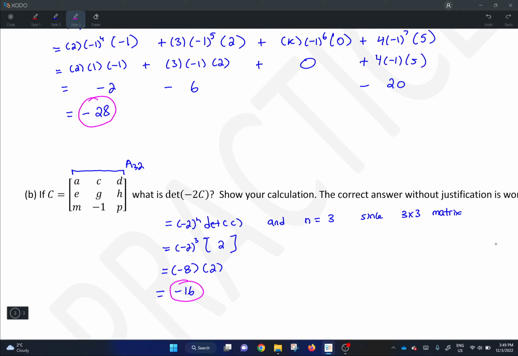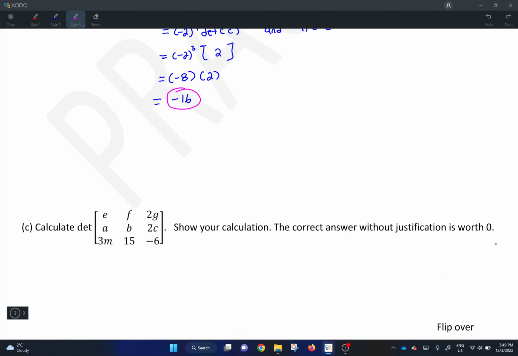This is some manipulation of A34. So we're going to have to undo the manipulation. I'm going to common factor a 3 from row 3.